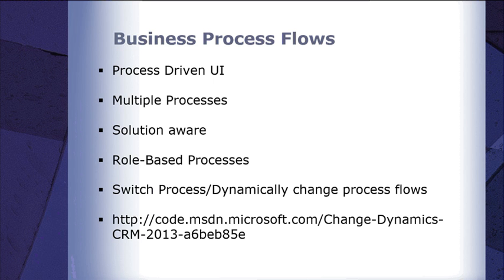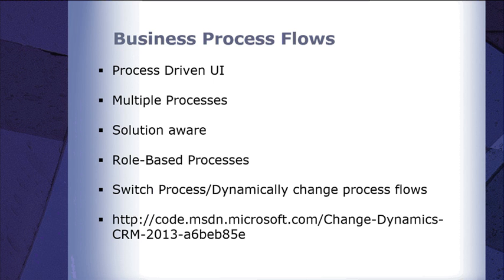Process flows required the addition of two custom attributes to every entity on which you enable business process flows: the process ID and the stage ID. However, these fields are not available for update through workflow, nor for placement on the form so that you can change them through script.